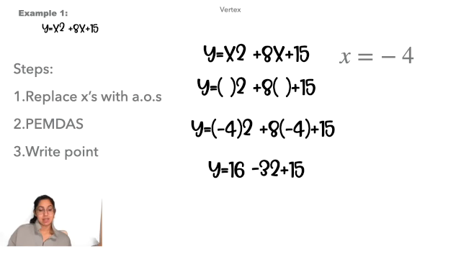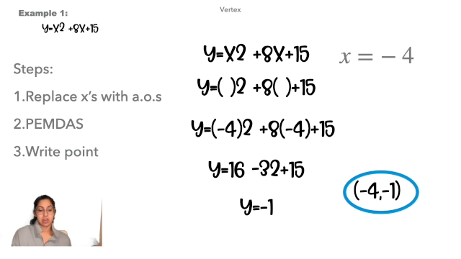So I get 16 minus 32 plus 15, and I get negative 1. My answer for my vertex is negative 4, negative 1. I could put that point on a graph, and facing up, I could just draw my parabola, a sketch.